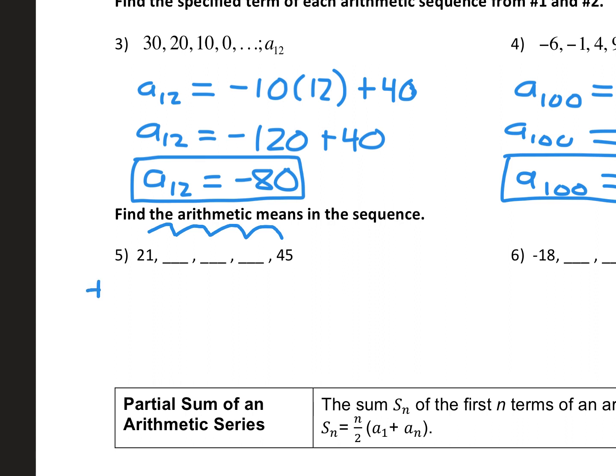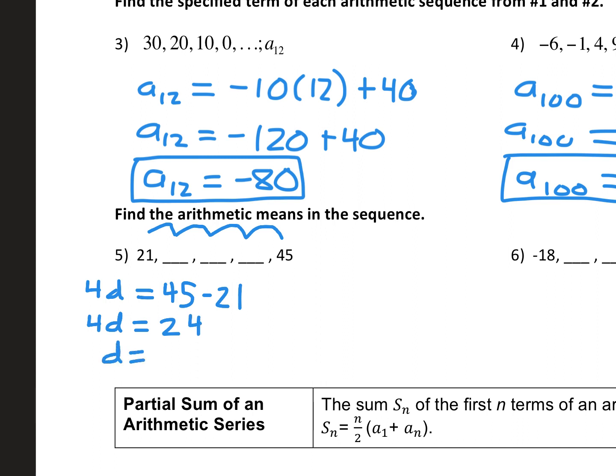All right, so then what I do is write 4D equals 45 minus 21. So basically, we had to add the common difference 4 times to 21 in order to get to 45. So 4 common differences increased our term by 24.